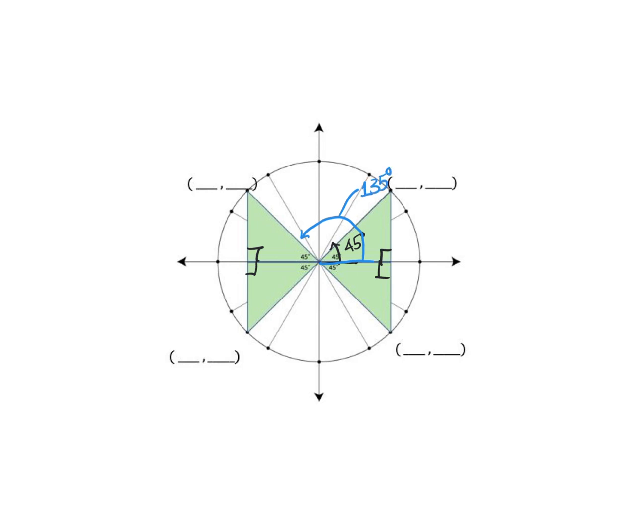And then we're going to have this angle here, and that's going to be 225 degrees. And then we'll have this angle all the way over here as well, and this angle's going to be 315 degrees.